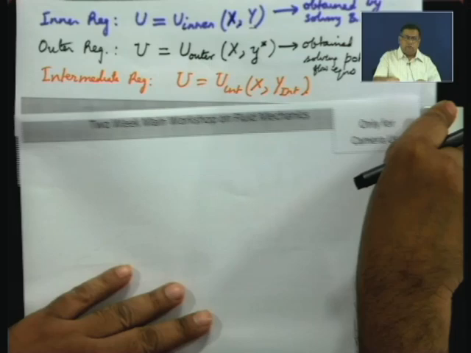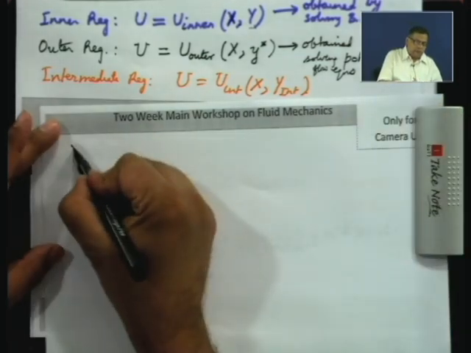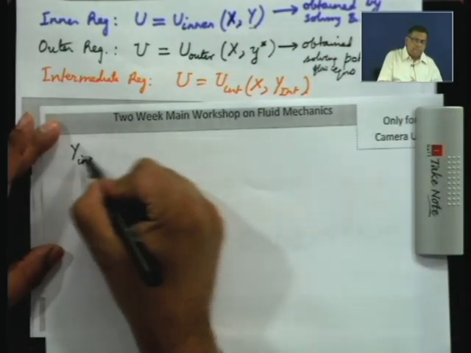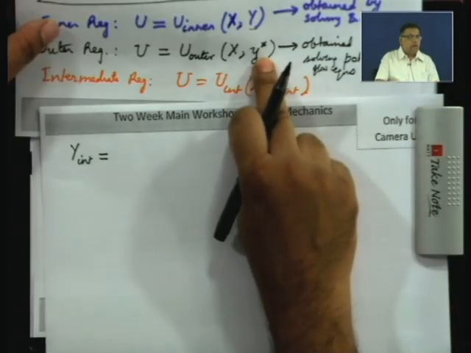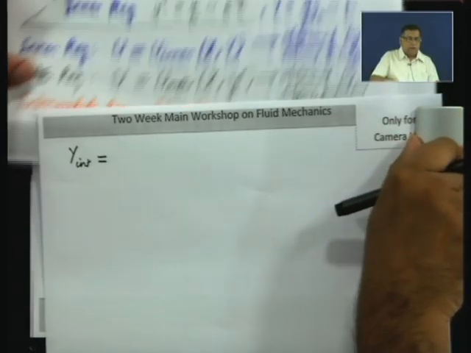Now, we will express y intermediate in terms of y star, which is the order 1 coordinate in the outer region.